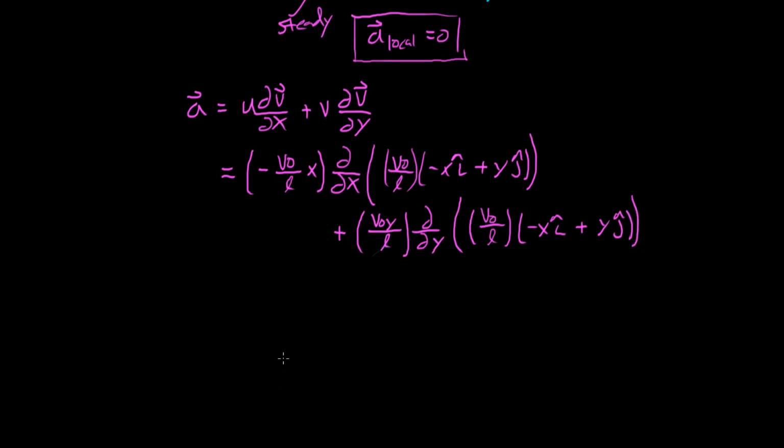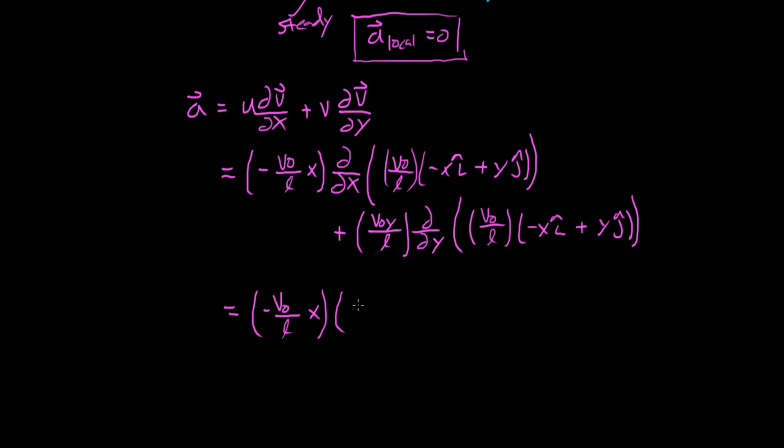Now it's just a matter of following the math through. So let's take a look here at the first term. Leave this alone for a minute. That's just v0 over L times x. And then we want to take the derivative of what's inside here. Well, d by dy, or dy dx, that's a 0. So the only thing we care about is right here. And dx by dx is just a 1.